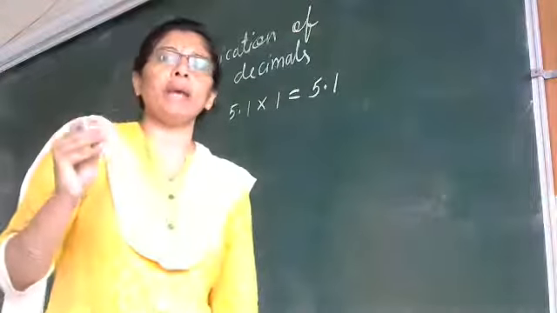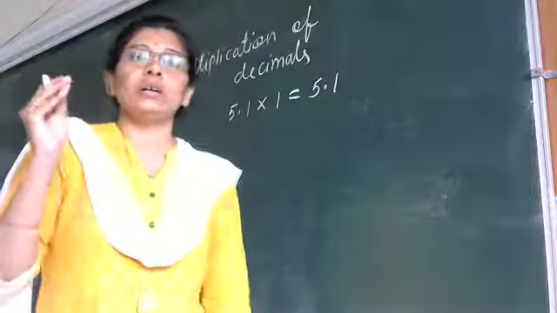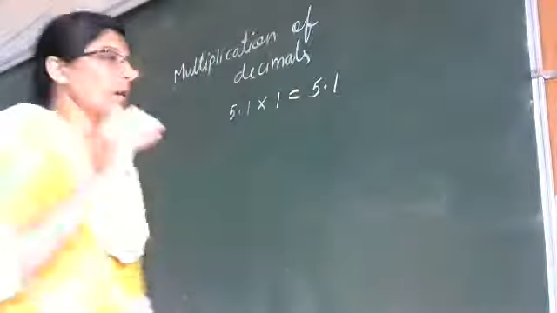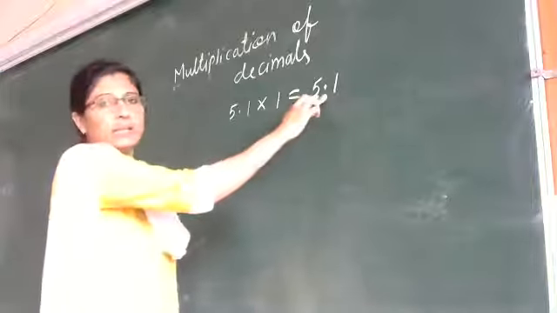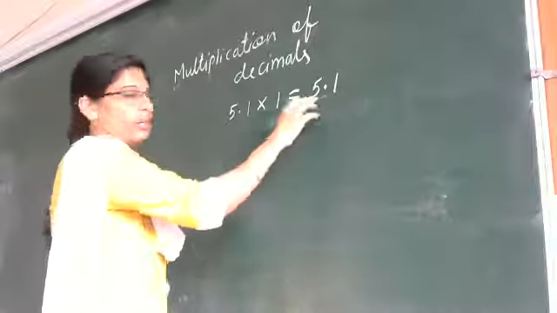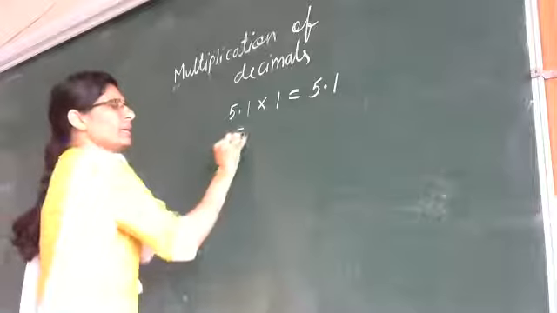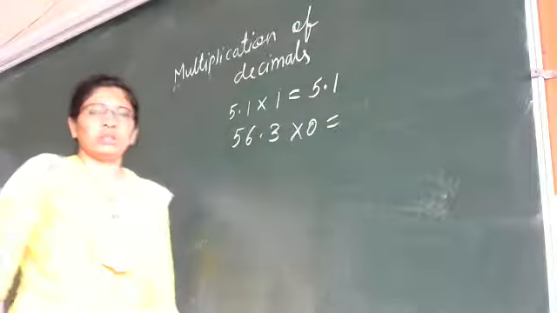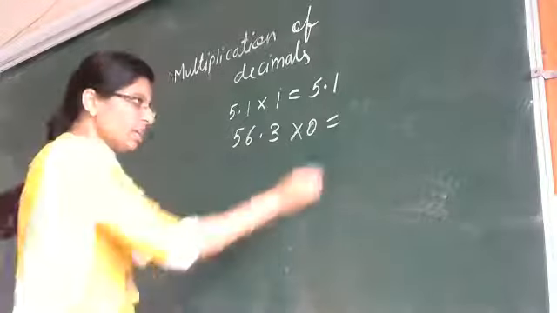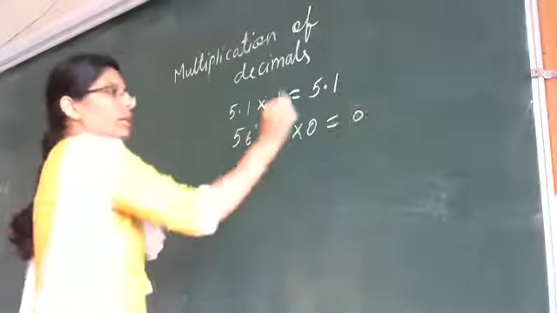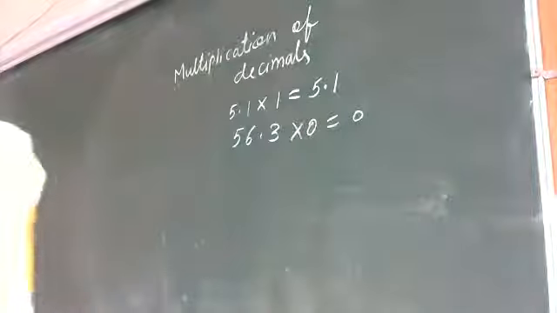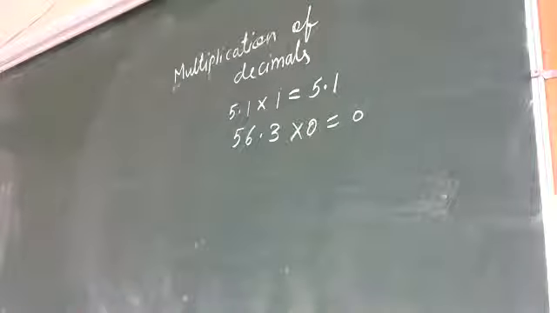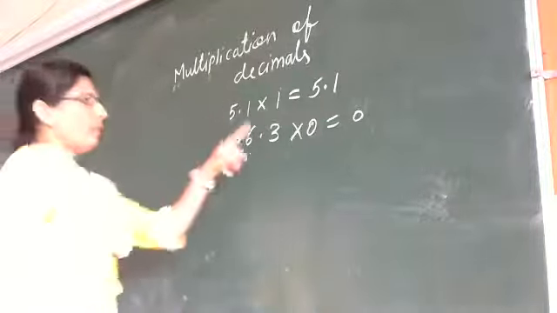The properties are the same as for natural numbers and whole numbers, with only the decimal point being a little different. When any decimal is multiplied with 0, the answer is 0 only. This you have to remember. So these are the main properties.